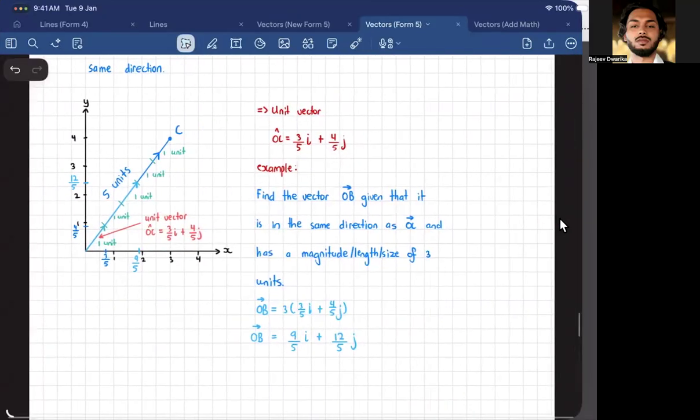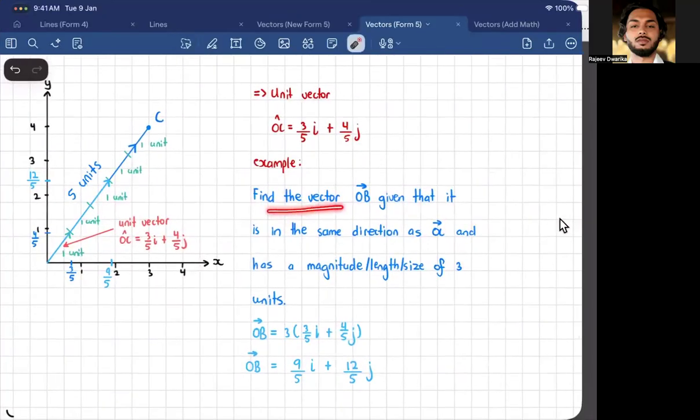So Sky, if instead the question had said find the vector O to D, given that it is in the same direction and has a magnitude of 20, what would I do instead?